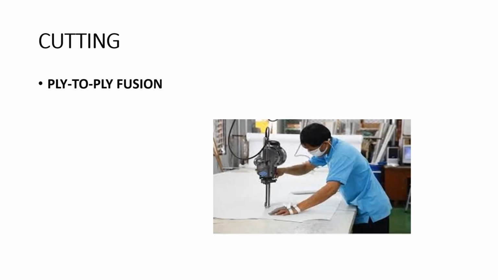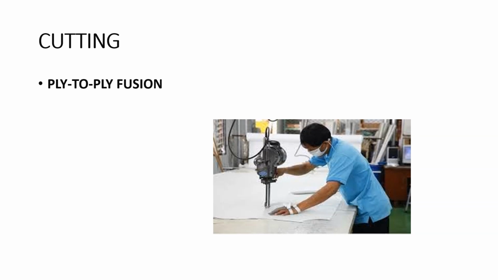If sticking happens between these two plies, then the cutting operation will be affected, and accuracy again will be in trouble. And if accuracy is in danger, then we will lose fabrics, fabric should be replaced, a lot of time will be wasted. So fabric wastage will be the end result of it.